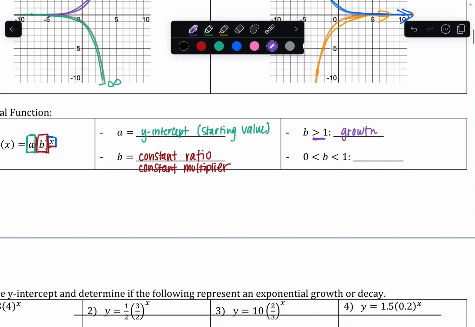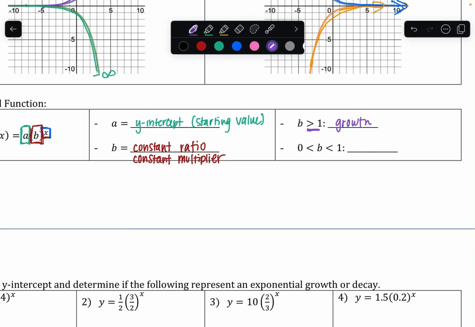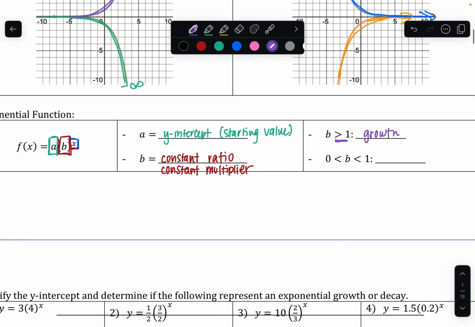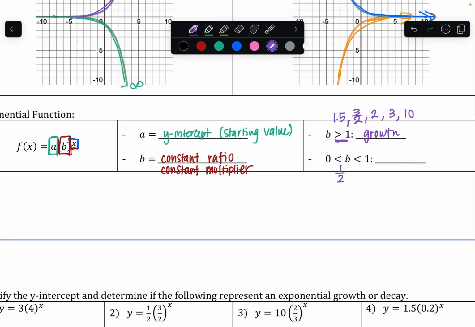Okay? If we multiply by a number between 0 and 1, so like 1/2, 1/3. So I'm going to put some examples up here. So like here, 1.5, we could have it in fraction form. We could have 2, we could have 3, we could have 10. All of those would grow. Whereas if our value is like 1/2 or 1/3, 1/10, 2/3, 0.7, all of those are smaller than 1.